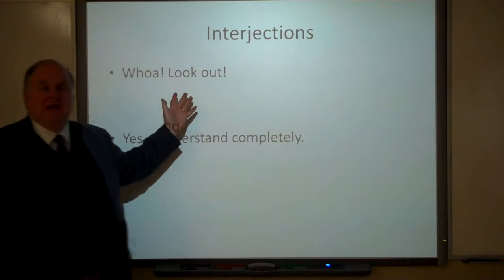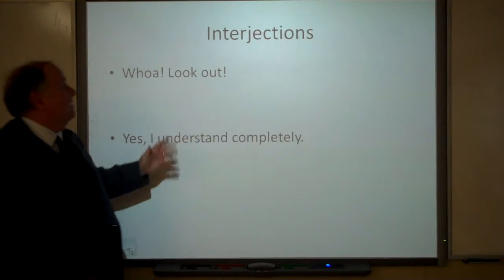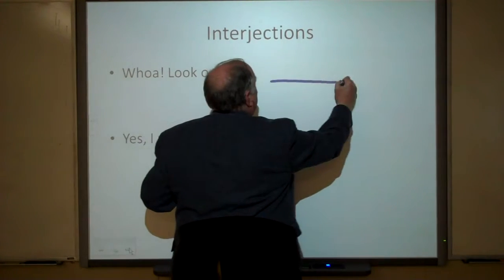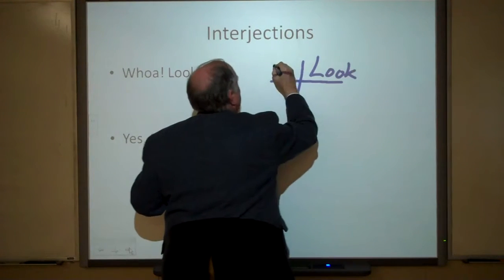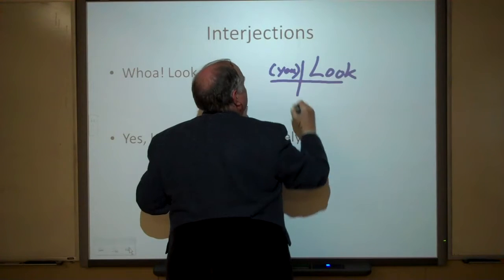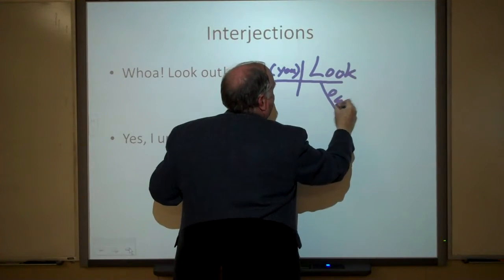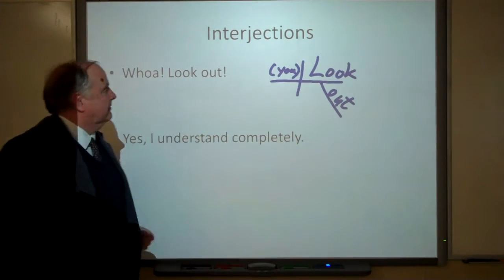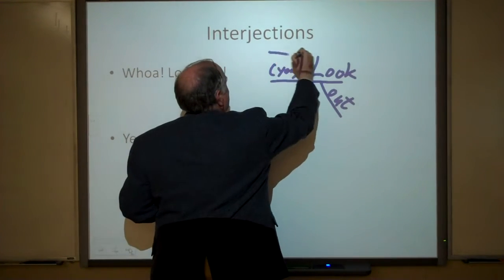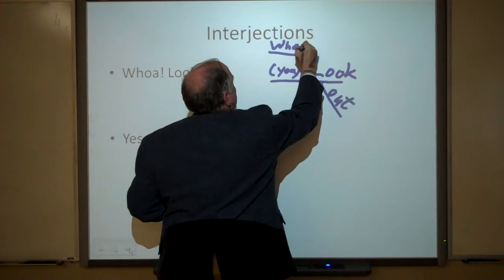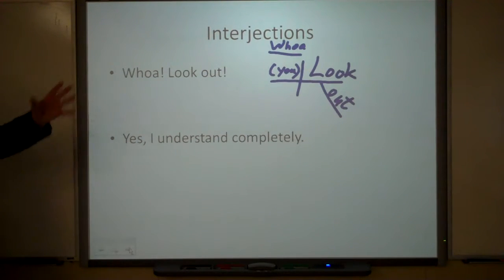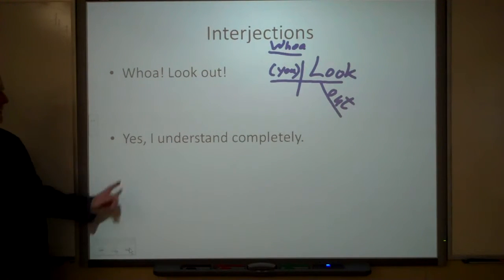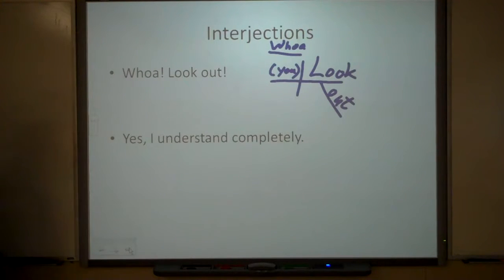Notice look out is imperative, it's a command, so the verb is look, the subject is you understood, out modifies look, look where, look out. And then the interjection goes above the subject on a line parallel to the subject line.